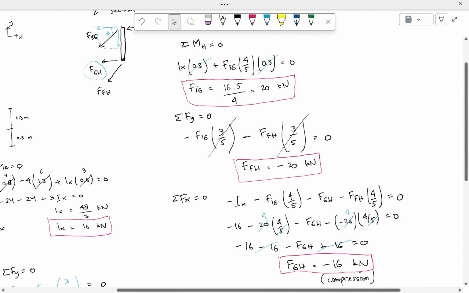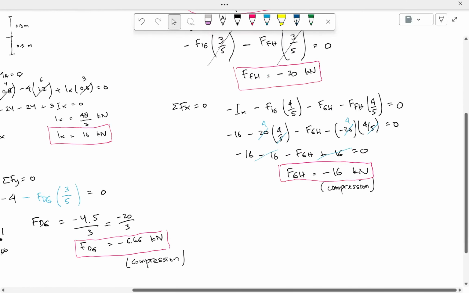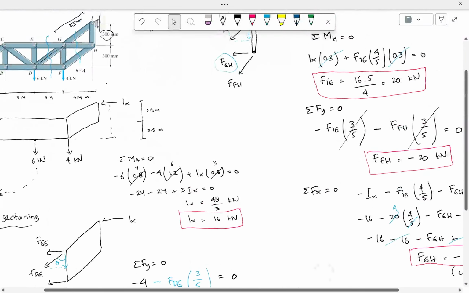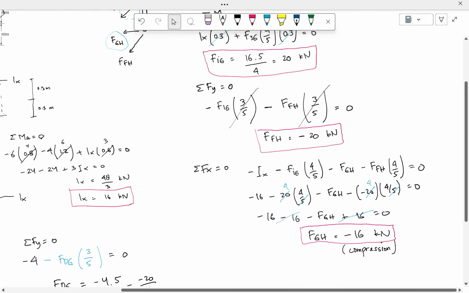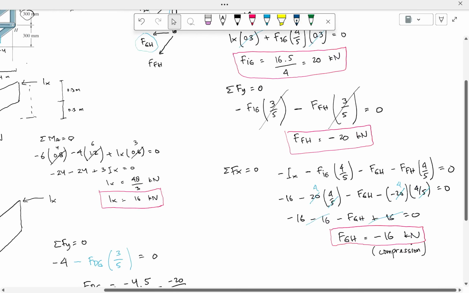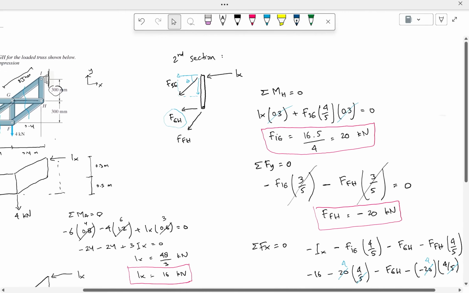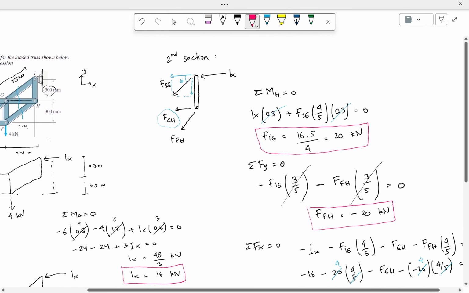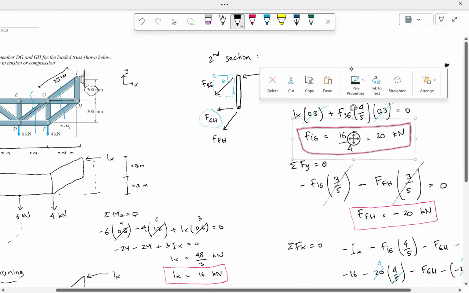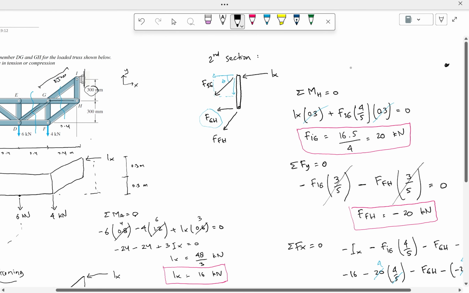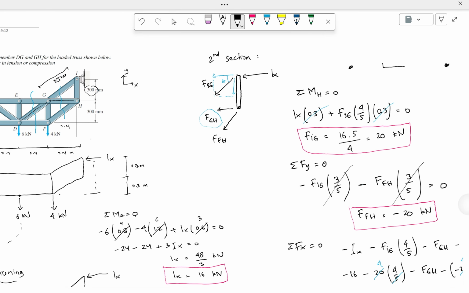And if you ask me, sir, how to draw the free body diagram of that member, basically, if we go again here, let's say this is point H, and then there is a point G, and then in between you have the member.